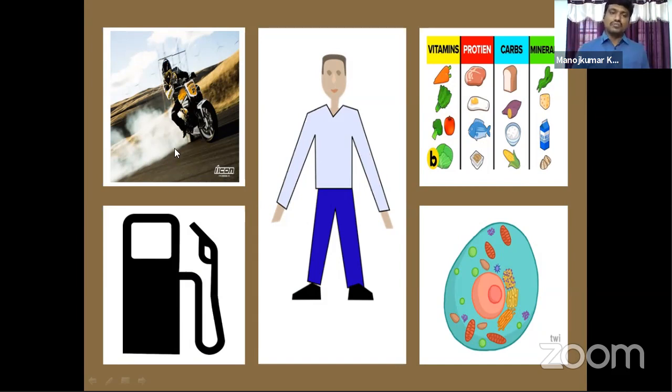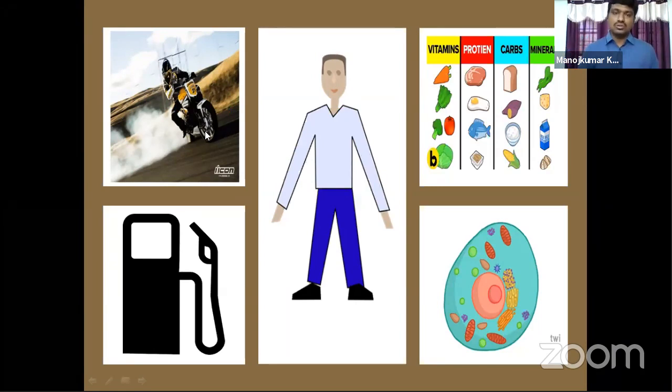Only fuel is not enough, children. Only fuel, petrol, is not enough. Along with it, oxygen is needed. Both oxygen and petrol mixture undergo a process in the engine of this motorcycle, which releases energy with which the motorcycle is able to run, isn't it?